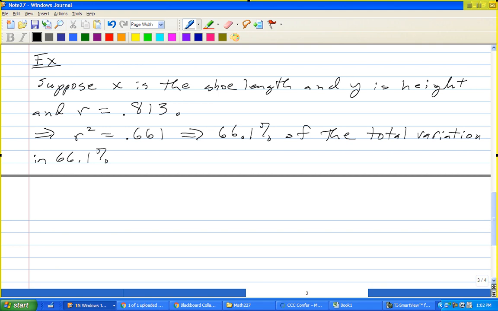So 66% of the total variation in height can be explained by your shoe size.